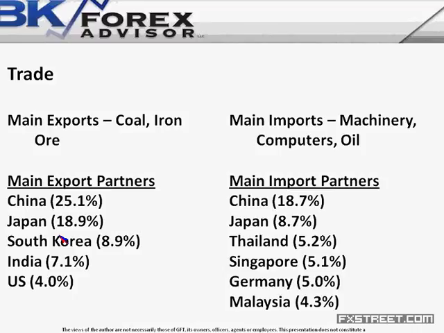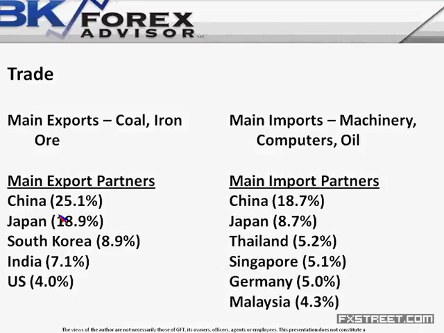So this tells you that China is an extremely large trading partner for Australia. And so they're much more sensitive to how the Chinese economy performs than how the U.S. economy performs.